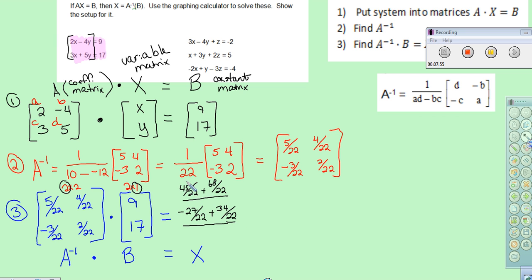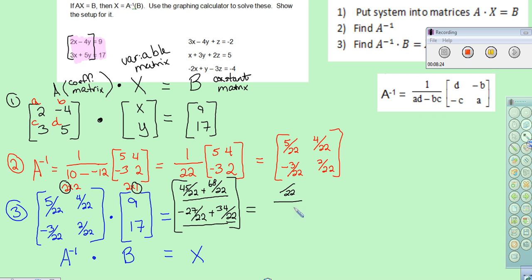Now this step right here, if I'm using a calculator, it's no big deal, but as a teacher, I want to be able to actually show people where my numbers come from, to show them that 5 times 9 is 45 over 22, and 4 over 22 times 17 is 68 over 22. I leave my common denominators, because now the next step is so easy. In the next step we get our final answer, or close to.